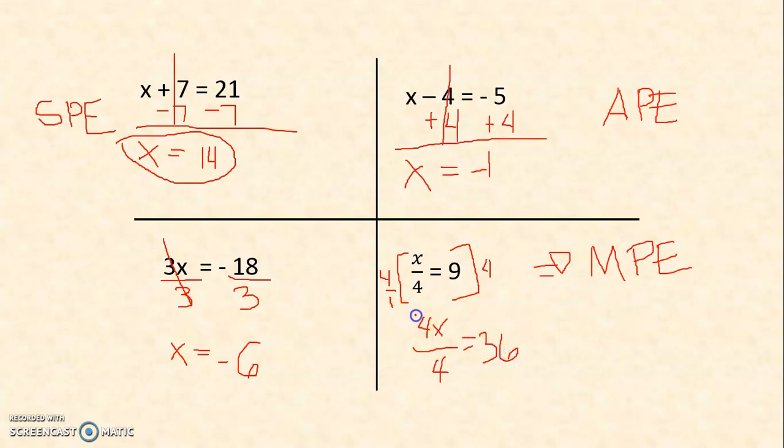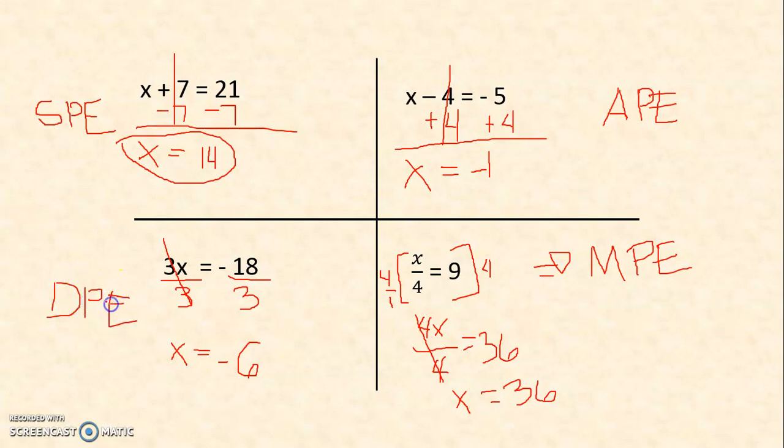So 4 divided by 4 is 1. So you now have x is equal to 36. Before I forget, this example number 3 illustrates the division property of equality.